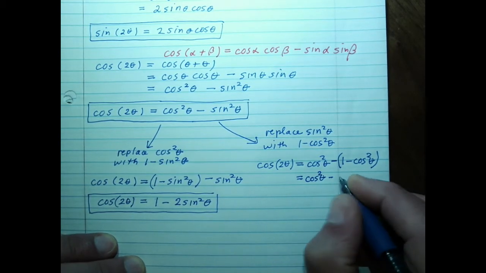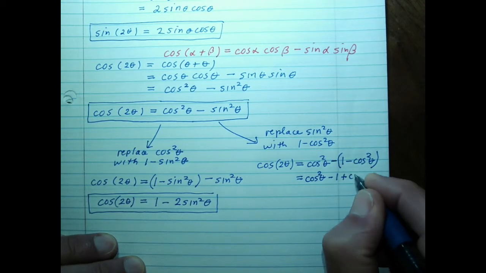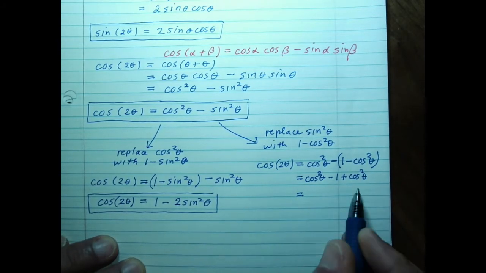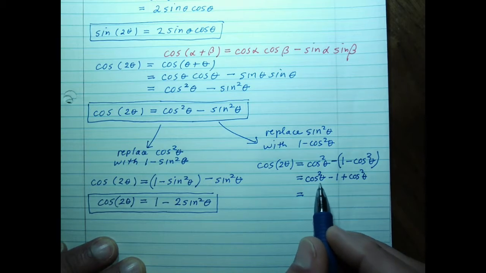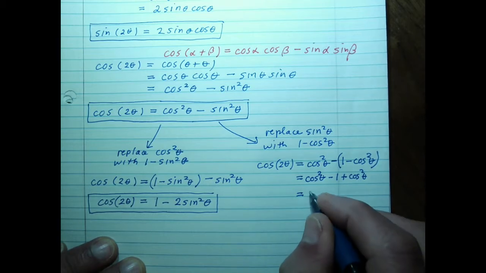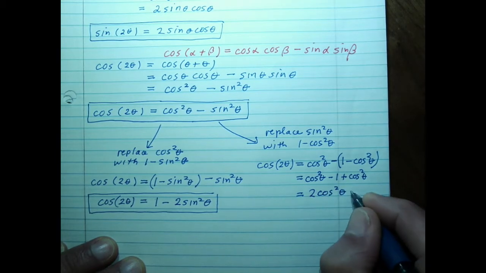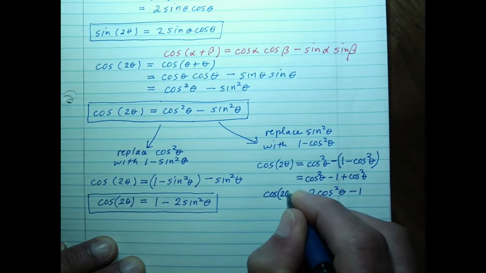So it becomes cosine squared theta minus 1, and then I get minus a minus, plus cosine squared theta. And again, I can combine like terms. Here I end up with 2 positive terms. Cosine squared theta plus cosine squared theta is 2 cosine squared theta minus 1. And that's equal to cosine 2 theta.